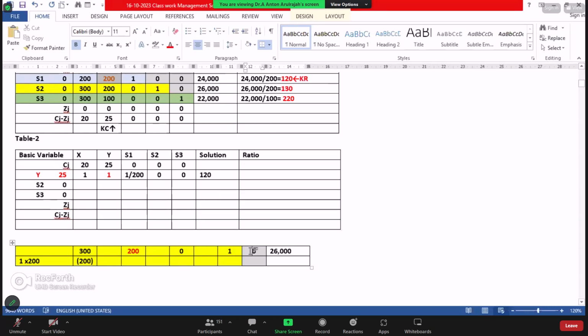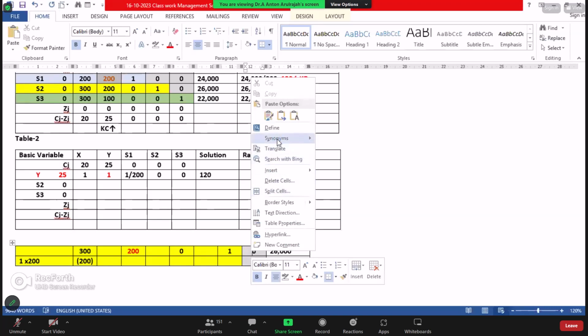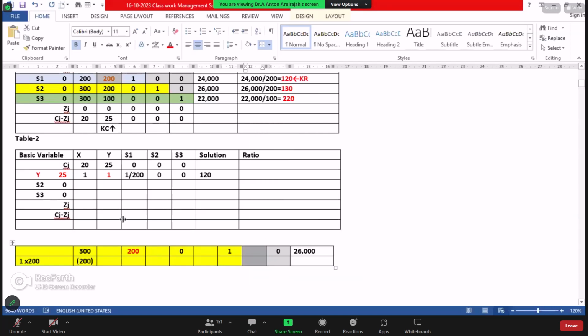Similarly, we have to do the treatment for all the values. So this 1 has to be multiplied by this 200 and we have to write it. Similarly, this 1 has to be multiplied by 200, and we have to write it here.